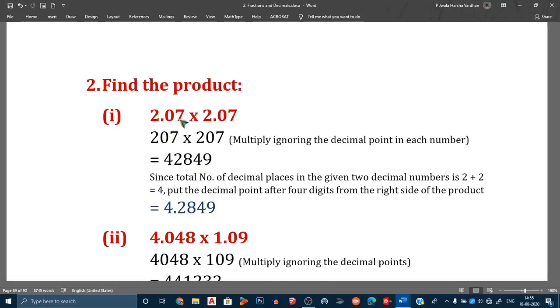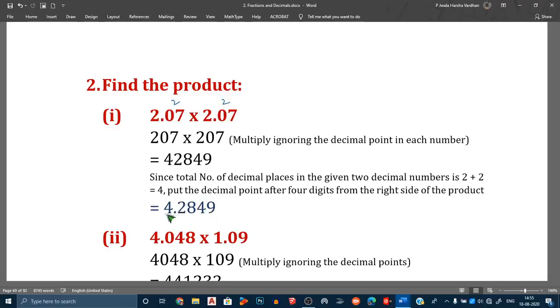42,847. Now count the number of decimal digits: here 2 digits, here 2 digits. So 2 plus 2, 4. So you have to leave 4 digits from the right side. You should not take from the left side. Remember, you have to count from the right side only. From the right side, leave 4 digits and put the point here.